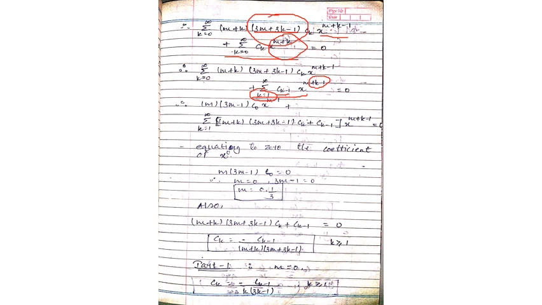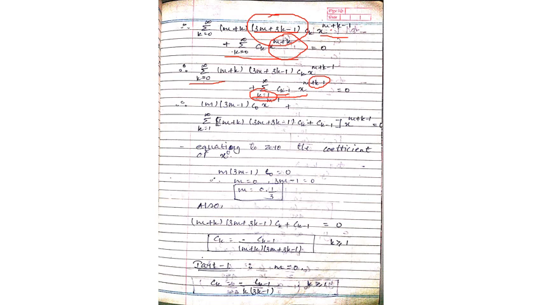So keeping aside k equals to 0, first putting k equals to 0 in the first term, it will be the term m into 3m minus 1 c0 into x raised to m minus 1. And that is how, by putting k equals to 0.